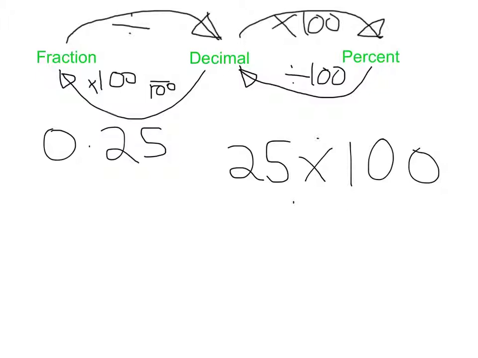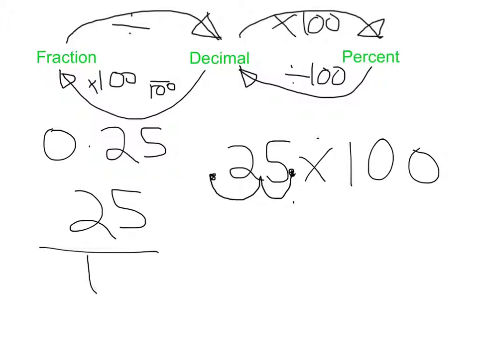Our decimal is at the beginning, and there are 2 zeros in 100. So we multiply and move the decimal 2 times. 1, 2. Now it is back to 25. And since in our process our denominator is already 100, we have our numerator. It's 25 over 100.